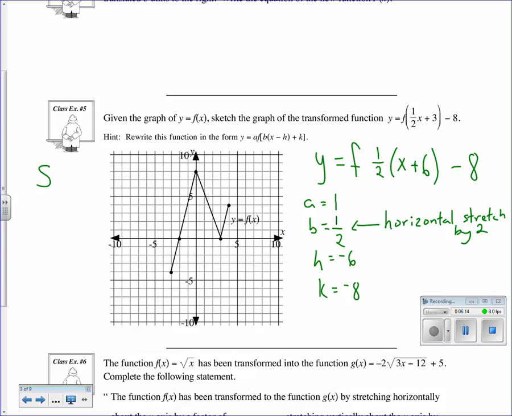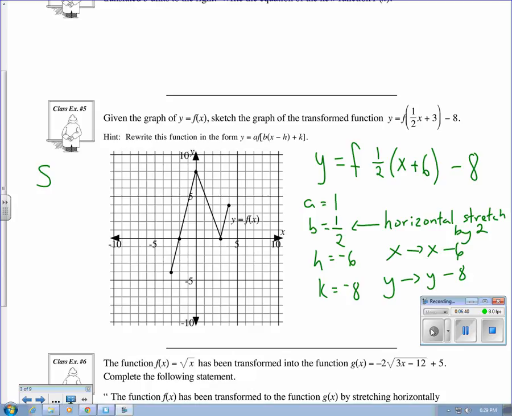And then all the x coordinates are going to move by -6. So all the x's are going to get transferred by x minus 6. And all the y's are going to have a translation of dropping by 8. So first we have to do the stretch, and then we will do the translation. There is no reflection.